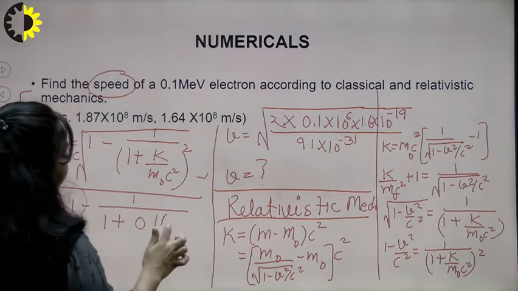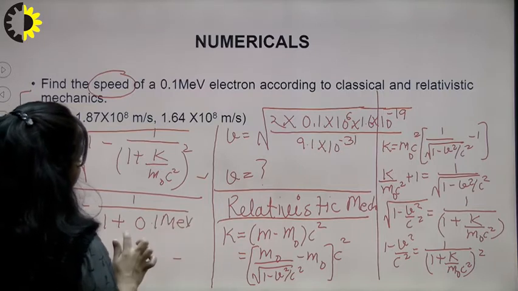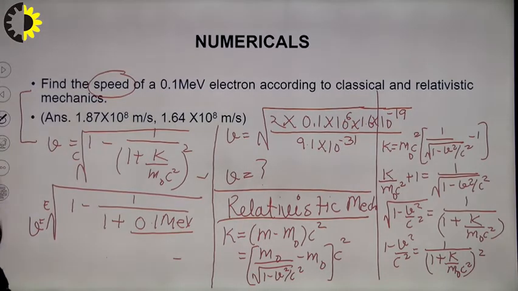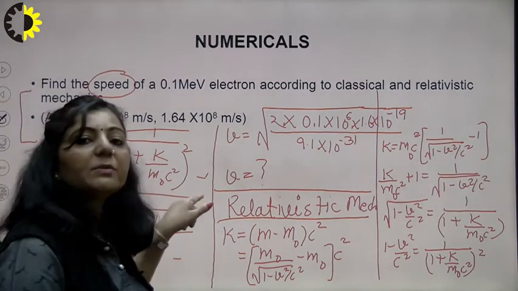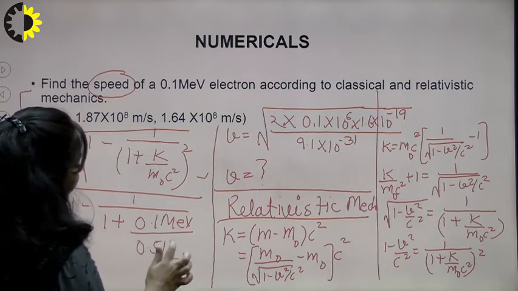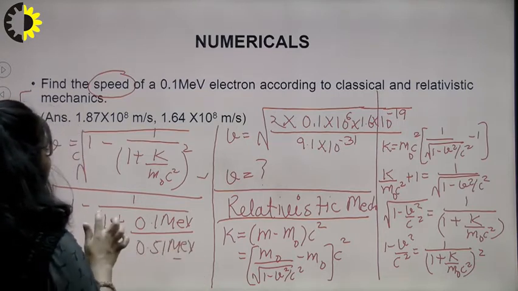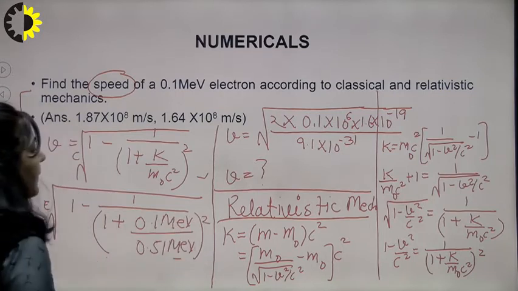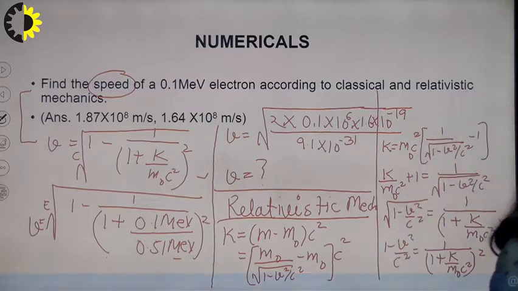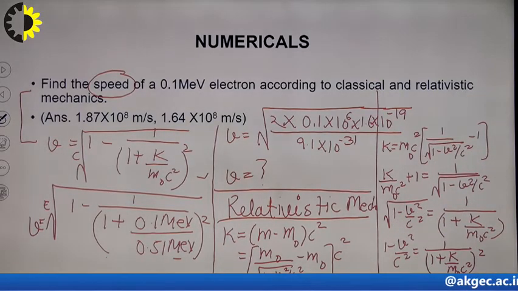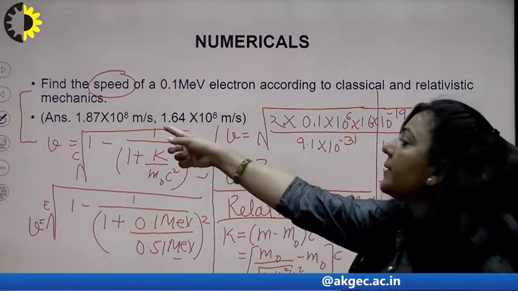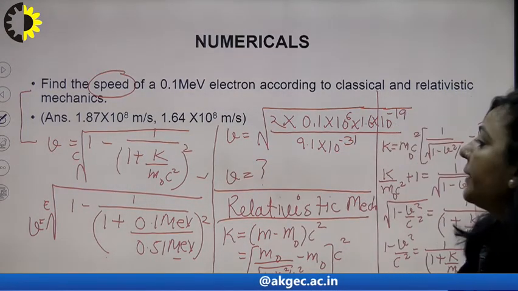K is 0.1 mega electron volt. What is m naught c square? This is the rest mass energy of the electron, and the rest mass energy of the electron is 0.51 mega electron volt, right? So you have to solve this particular part. Just simplify it, and after simplifying you will get the value of v, and that is 1.87 into 10 raised to power 8 meter per second.